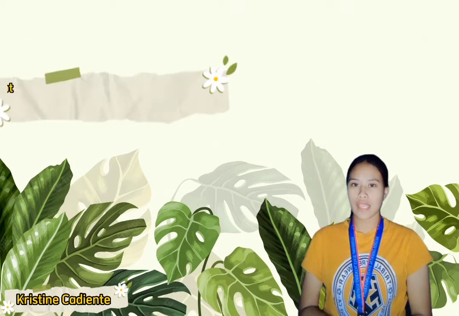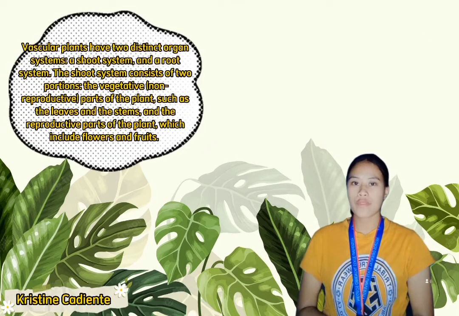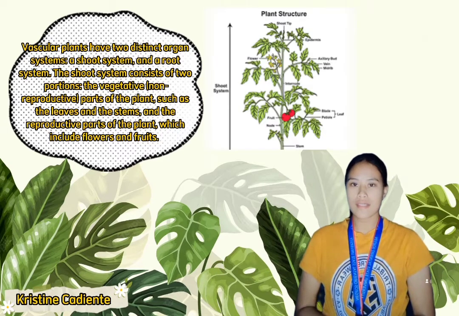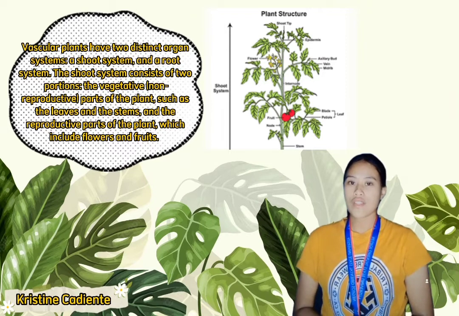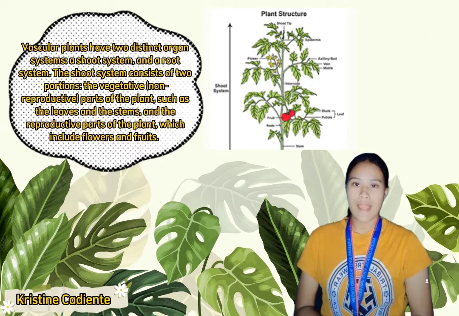Question number 3. What are the parts found in a shoot system and root system? Vascular plants have 2 distinct organ systems: a shoot system and a root system. A shoot system consists of 2 portions: the vegetative or non-reproductive parts of the plant, such as the leaves and the stems, and the reproductive parts of the plants, which include flowers and fruits.